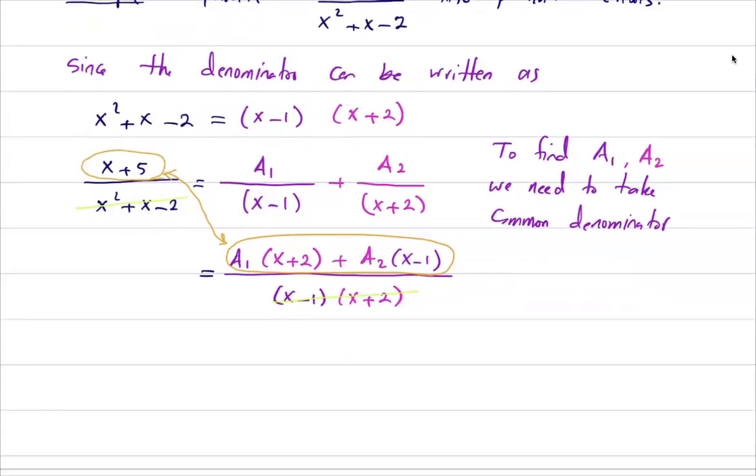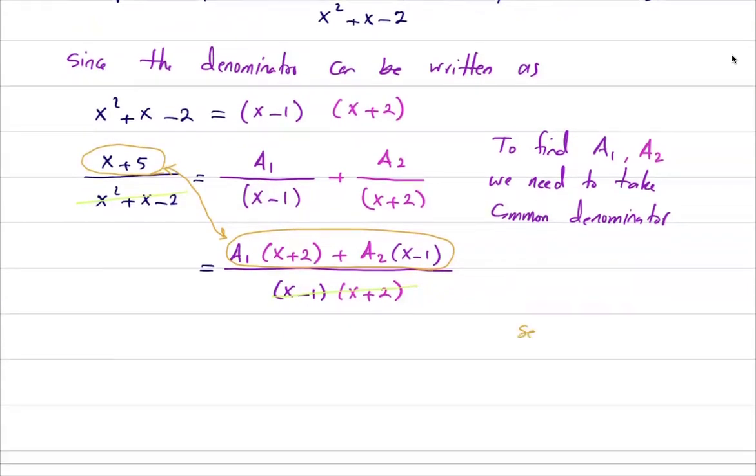So let us begin. Set the numerators equal to each other. On the left-hand side, I have a linear expression x plus 5, or more specifically, 1 times x plus 5.